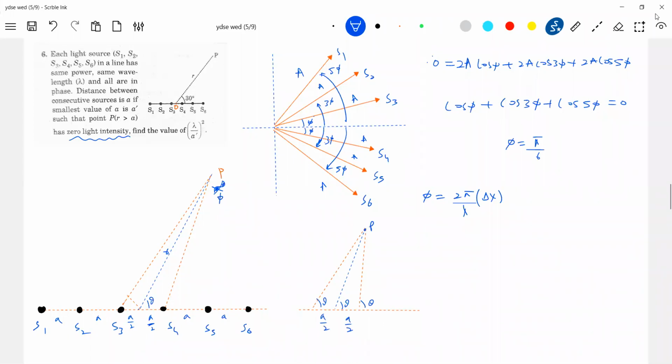There's a point P. Now, what to write for delta x? That will decide your answer. Lambda by 6.